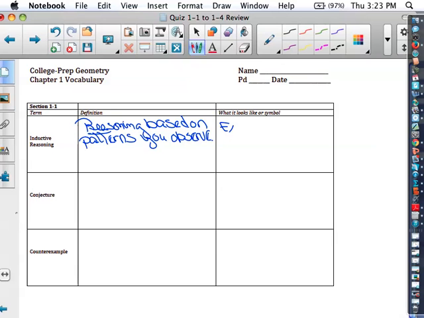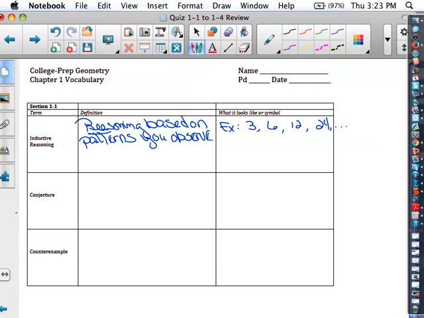For example, I might have the sequence 3, 6, 12, 24, etc. And I might ask you to come up with the next 2 terms in that sequence.